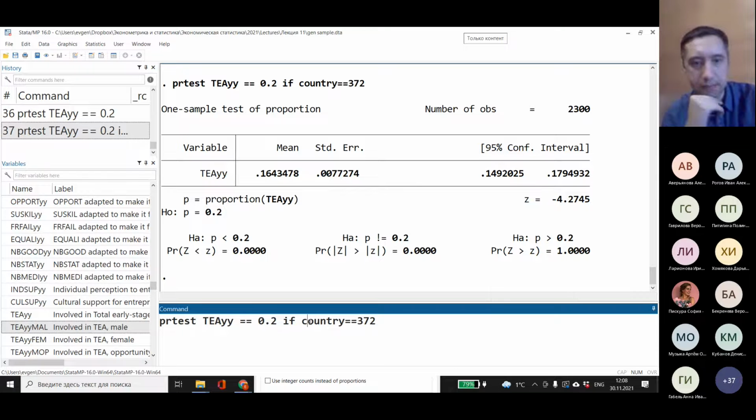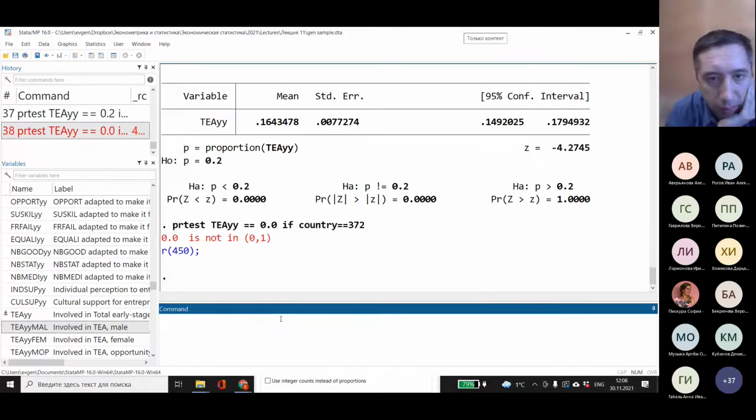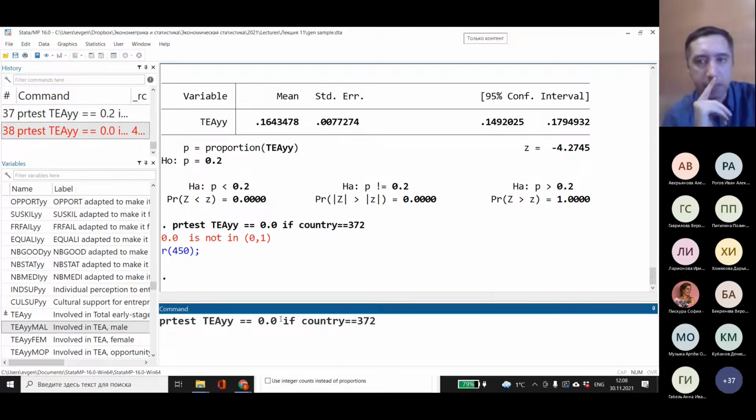Try to run this test. Also you can compare it with a different number, let's compare it with 0.15.